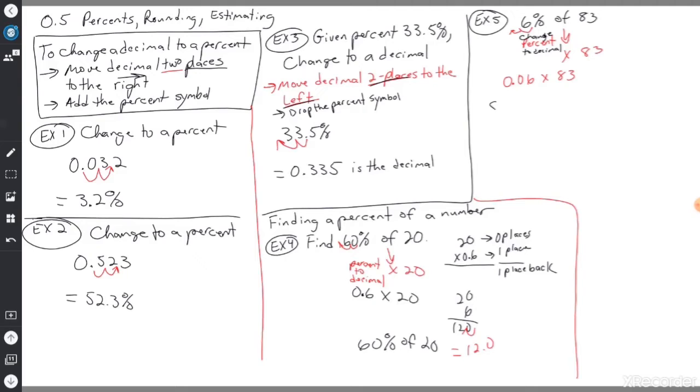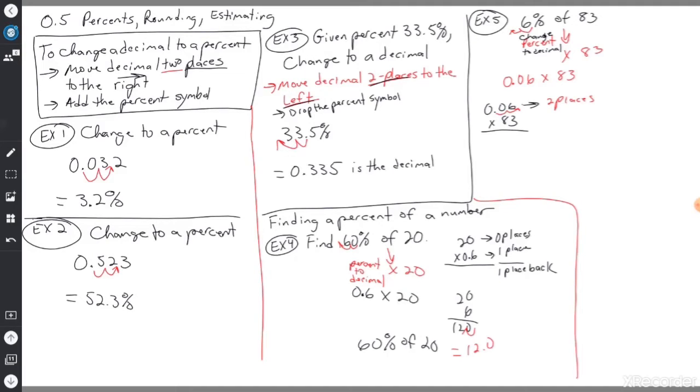So when we set it up, we have to look at the place values that we have to move to get the decimal to the end. So in this case, two places. You see that?